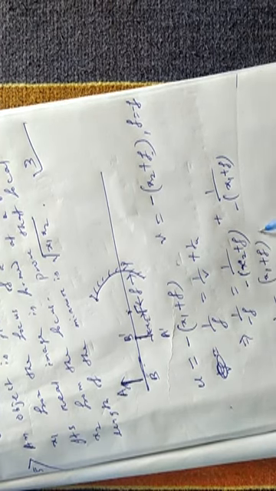We can write 1 by f is equal to x1 plus f plus x2 plus f by x2 plus f into x1 plus f.